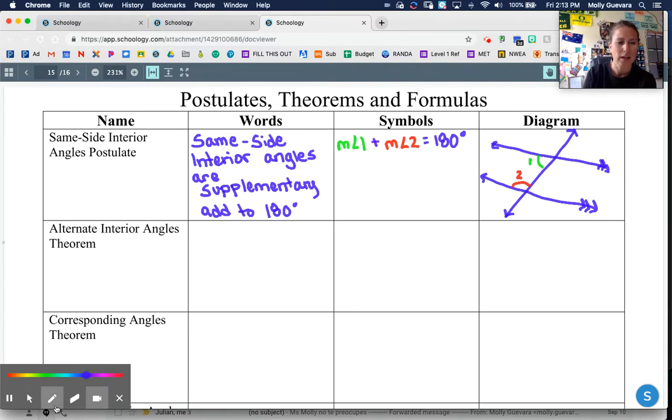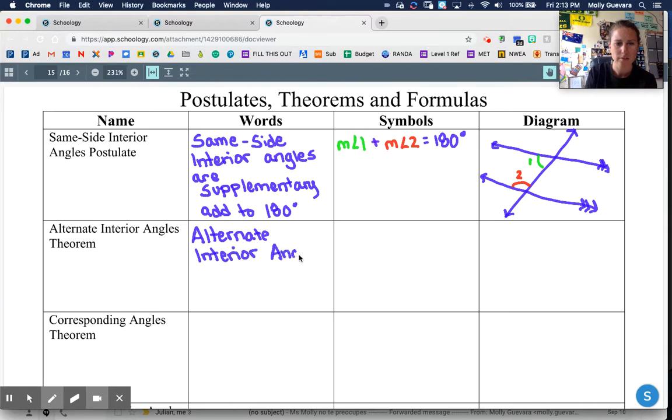Okay. For alternate interior angles theorem, we can say that alternate interior angles are congruent.